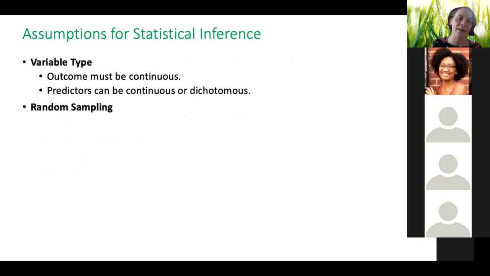So there are assumptions in terms of the variable type. Our outcome must be a continuous variable, whereas our predictors can be continuous or dichotomous, right? So both are possible. We can also have qualitative predictors. There's something called dummy coding. We will talk about that in 2 weeks.